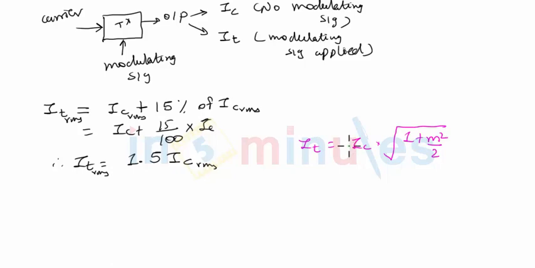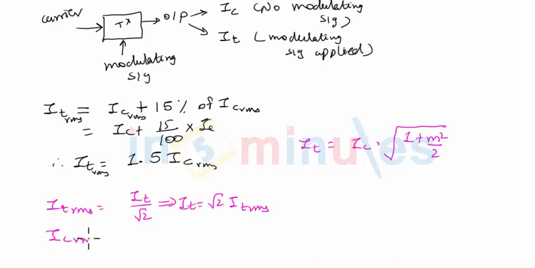If I want to convert them into RMS values, we all know that IT RMS is equal to the peak value IT divided by root 2. That means IT is equal to root 2 into IT RMS. Similarly, for IC, the carrier current, its RMS value will be the peak value of IC divided by root 2.